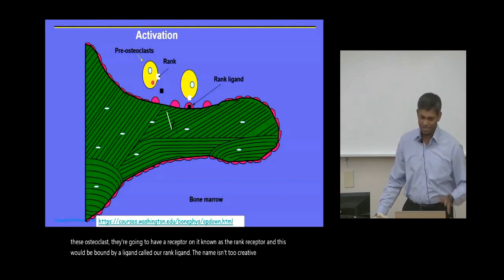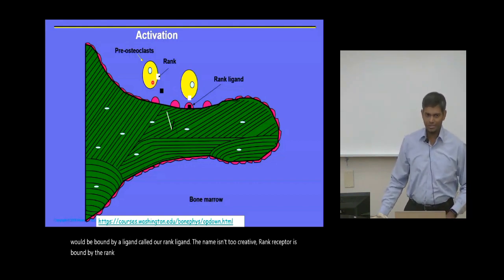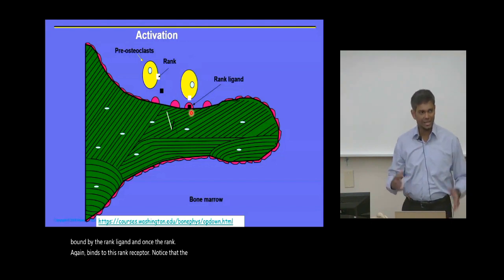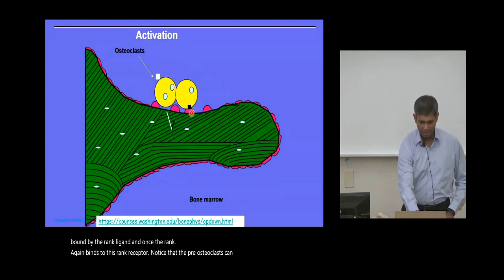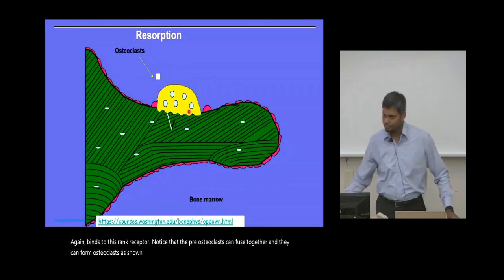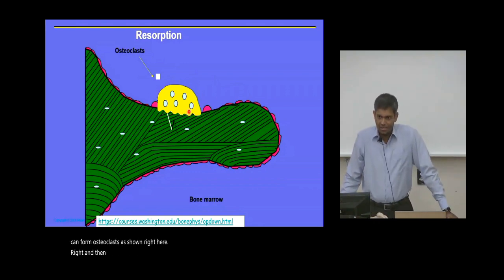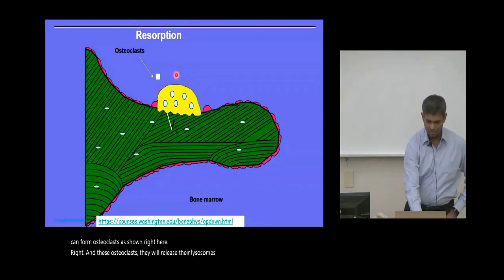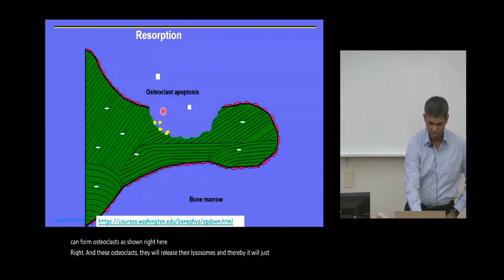RANK receptor is bound by the RANK ligand. And once the RANK ligand binds to this RANK receptor, notice that the pre-osteoclasts can fuse together and they can form osteoclasts as shown right here. Right? And these osteoclasts, they will release their lysosomal enzymes, and thereby it will just cause bone resorption right here.